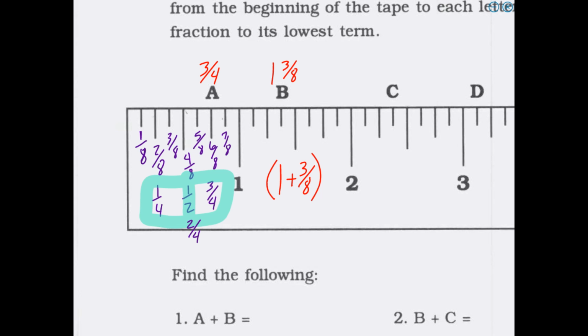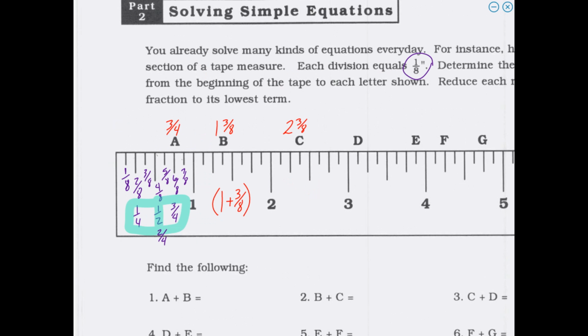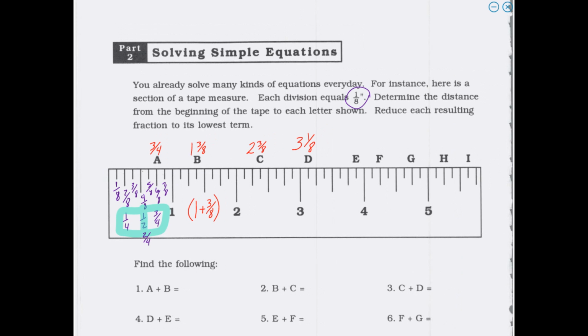Okay, what's the measure for C? 2 3/8. And D? 3 1/8. Okay. So you can see, since I already labeled these individual ones down here for you, you should be able to finish putting the correct measures above those so you know what you are looking at.